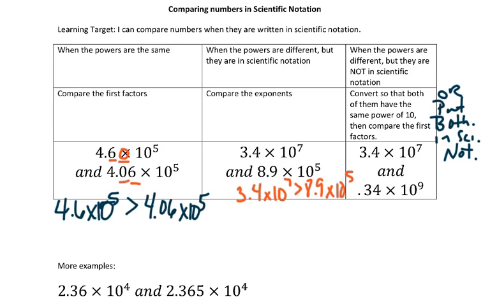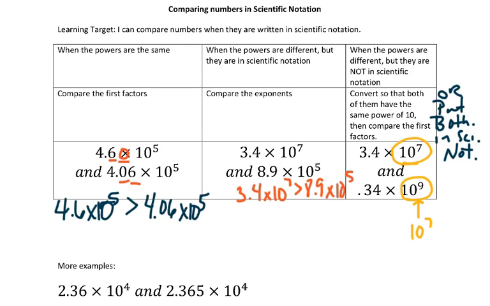Okay, so I'm going to show you both ways. The first way says convert so both have the same power of 10. So if we have 10 to the 7th and 10 to the 9th, we can make this one 10 to the 7th by moving the decimal 2 times.